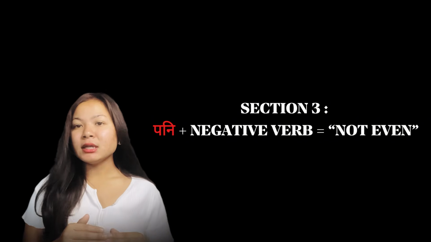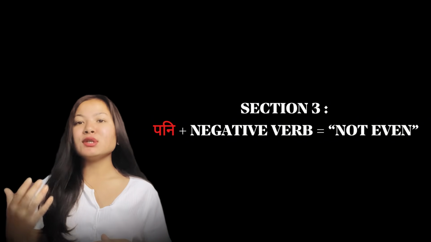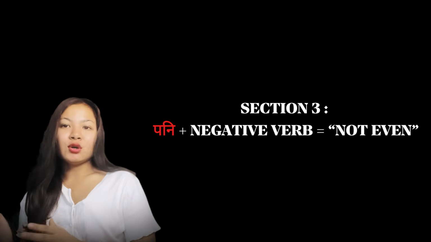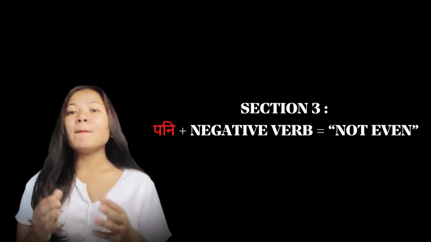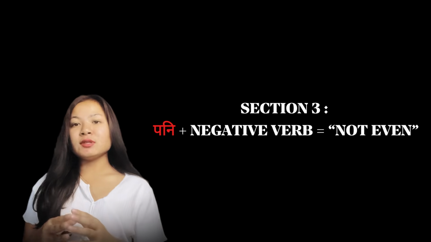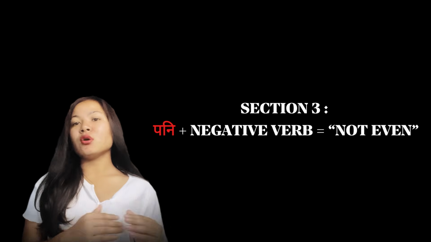You can memorize this as a pattern, not one by one, so that it will be helpful for you to memorize and understand it. Next is pani with negative verbs. When pani is used with negative verbs, it often means not even.